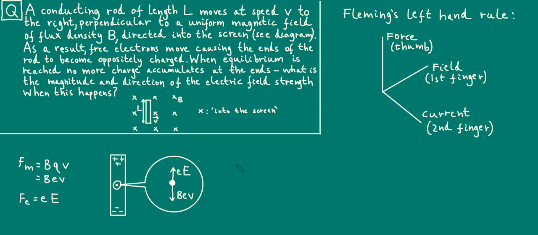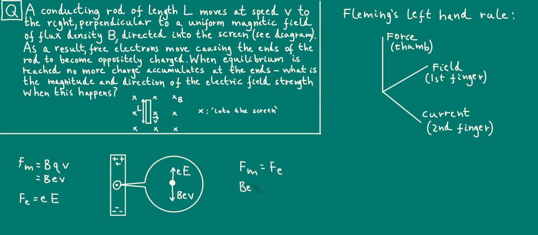As the question states, eventually equilibrium is reached, meaning the forces acting on a free electron must balance. So equating the forces, in other words equating the magnetic force to the electrostatic force, we find the following.